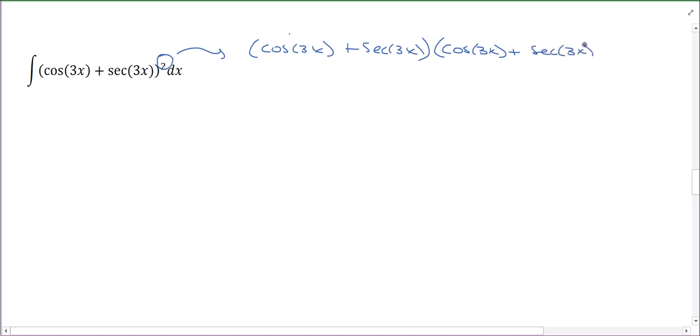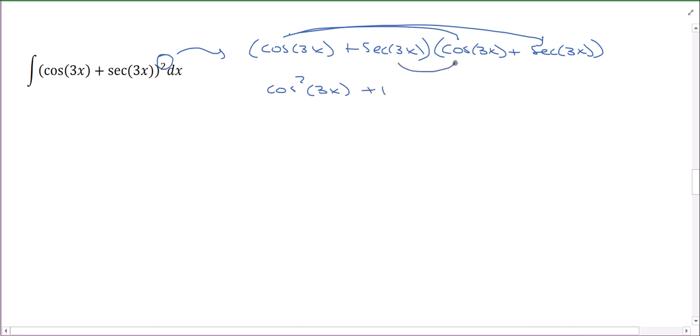So if I multiply this out, what am I doing? Cosine times cosine, so that's cosine squared of 3x, and then cosine times secant. Well, that's kind of nice, because secant is 1 over cosine, so cosine times secant is just 1, and then secant times cosine is 1 again.